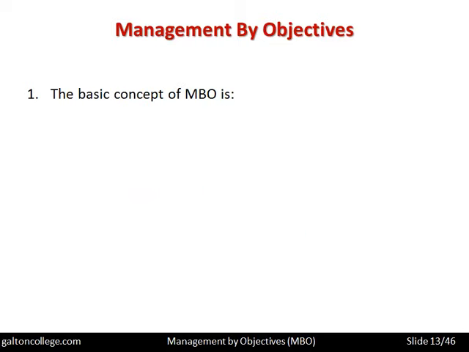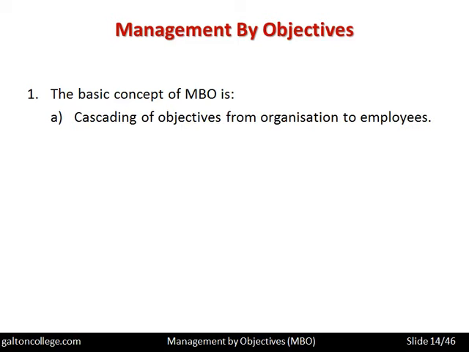Now, the basic concept of management by objective is, as I said earlier, the cascading of objectives from organization to the employees. The organization sets out what it wants in terms of perhaps corporate growth, market penetration, an innovating image within the marketplace. It should be able to effectively deal with competitors and so on.